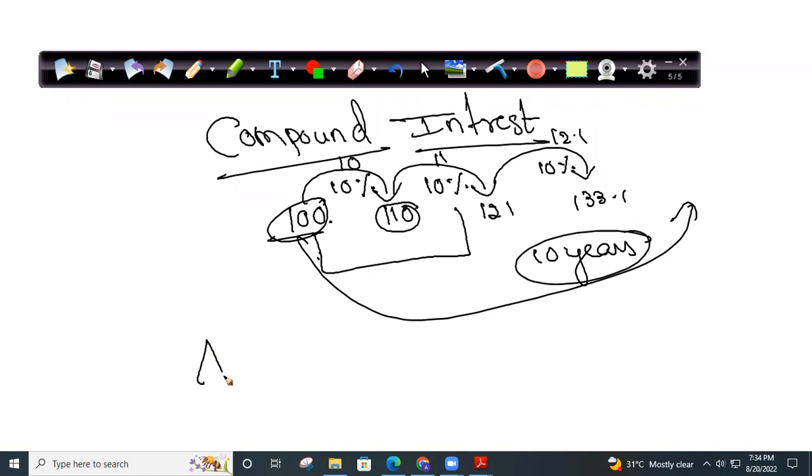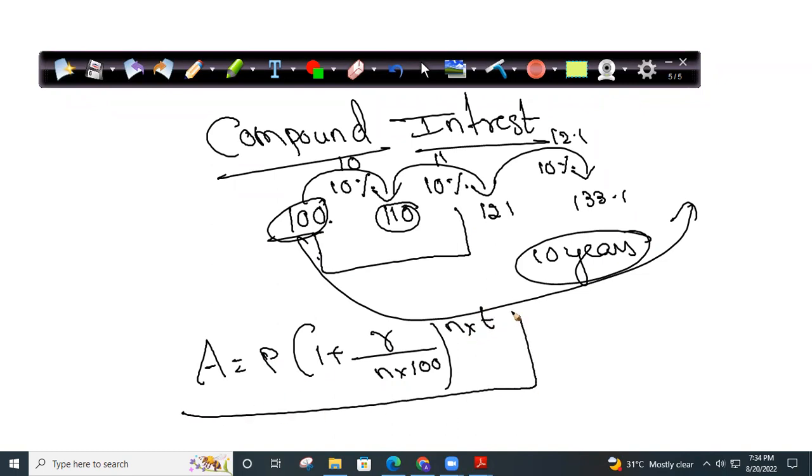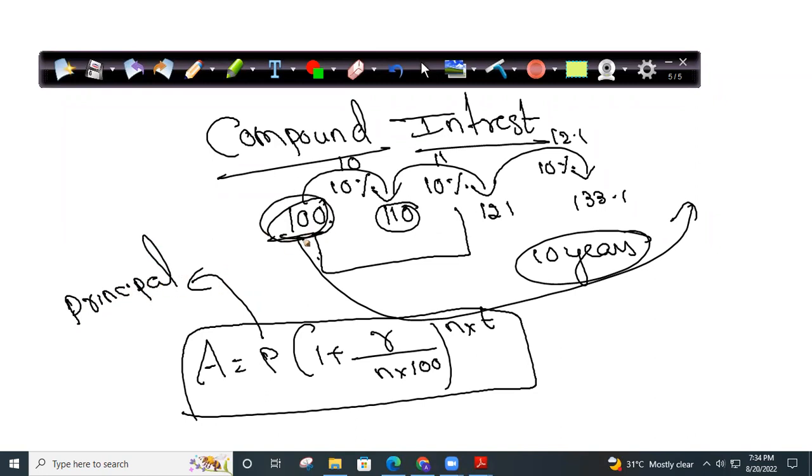So the amount is given by principal into (1 plus r by (n into 100)) whole power n into t. The amount formula is given by P into (1 plus R by (N into 100)) whole power N into T, where P is the principal. What is the meaning of principal? The amount you take or give to someone, the initial amount. What is the meaning of R?